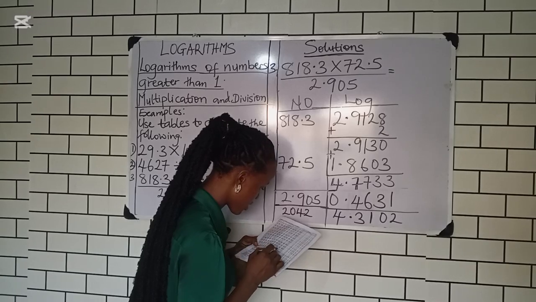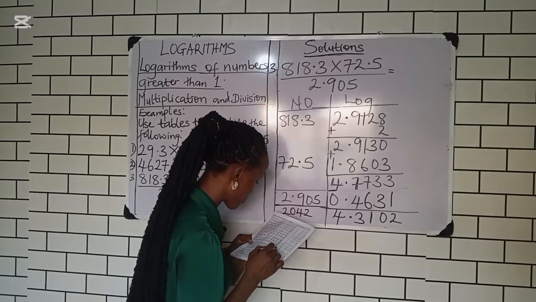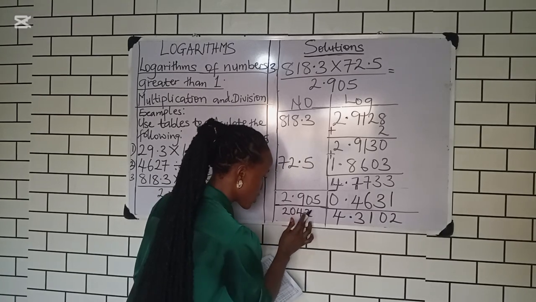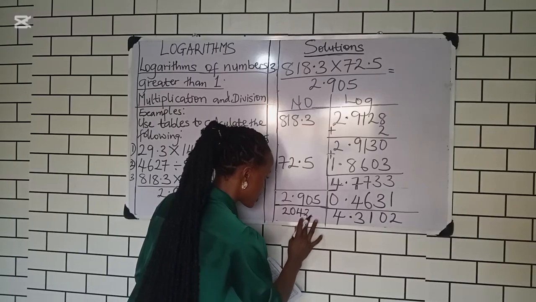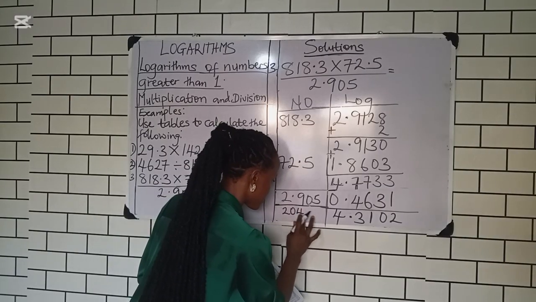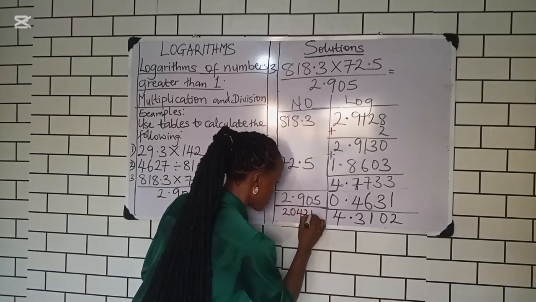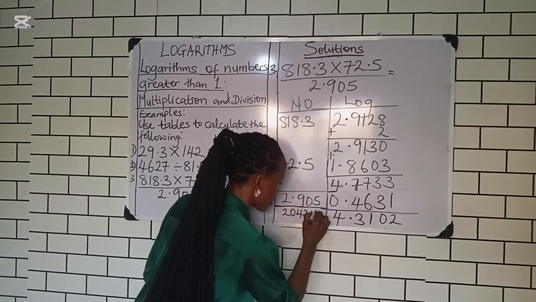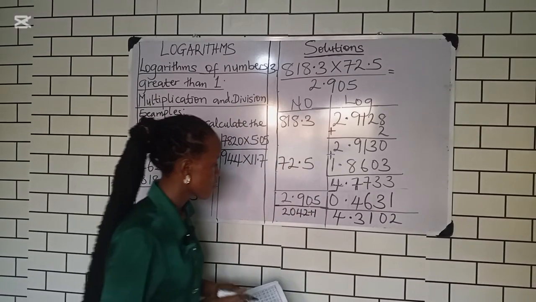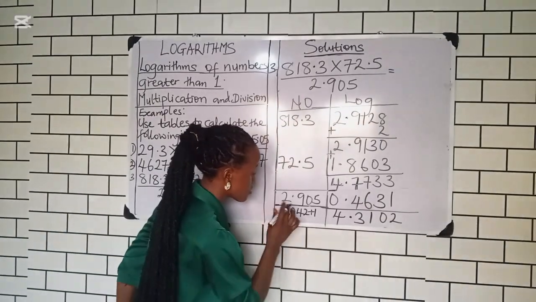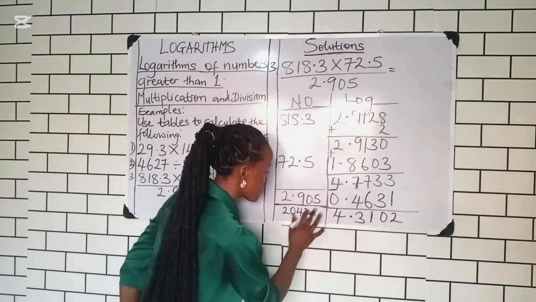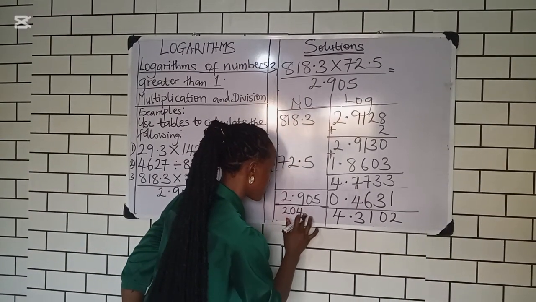Difference of 2 here is 1. Therefore, 1 plus this 2 here, we're going to have what? 3. You write your 3. Let me just write it. This plus this one will give us 3.